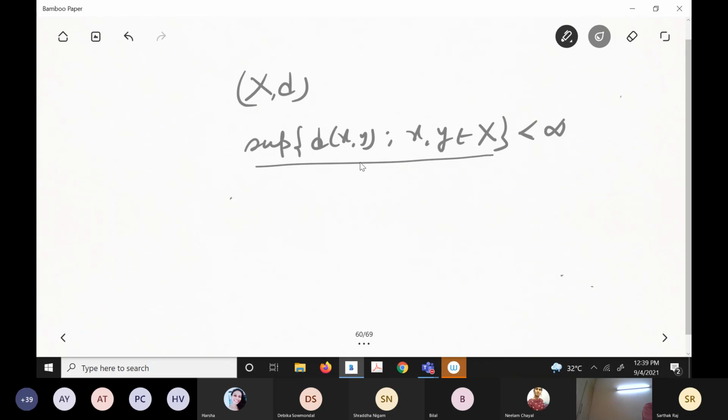If it is not non-negative, then you'll have to write something else to indicate it's a real number. But here I don't need this part because this is non-negative. So suppose you have this, it precisely means this is a bounded set. Then we call it a bounded metric.